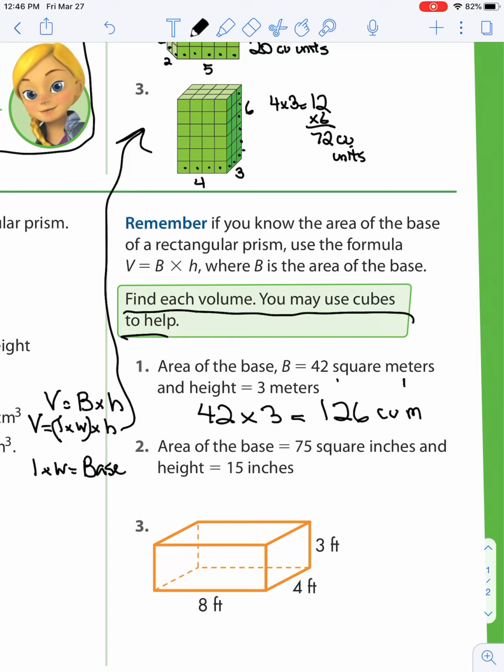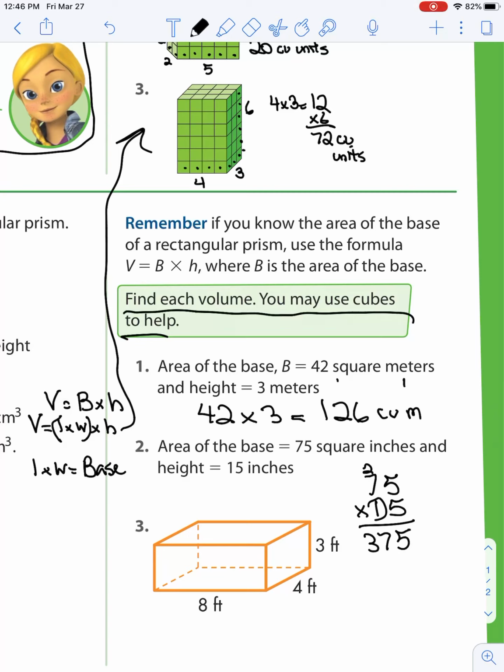Area of base is 75 square inches, and the height is 15 inches. Just to make sure you don't lose your calculation skills, I'll do this one on the side here. We start with the 5. 5 times 5 is 25. Carry the 2. 5 times 7 is 35. 2 more makes 37.